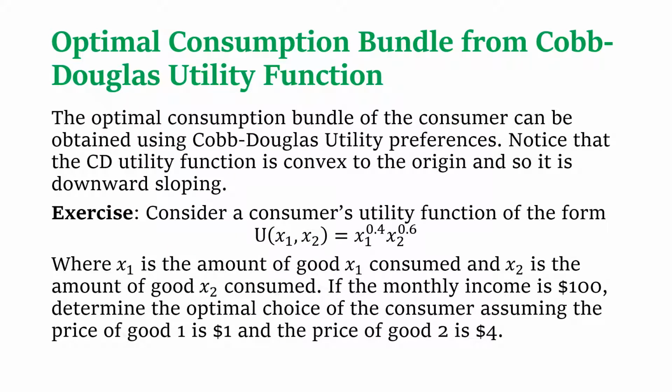Now let's move on to the optimal consumption bundle from a Cobb-Douglas utility function. Remember, we did this Cobb-Douglas utility function, and I noticed that most of you have some problems with it.